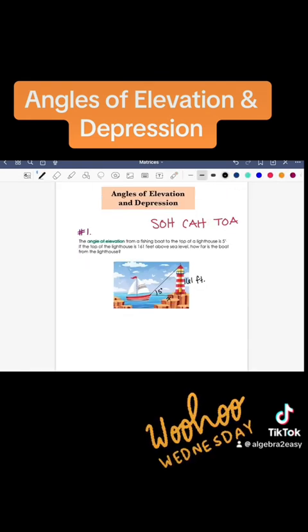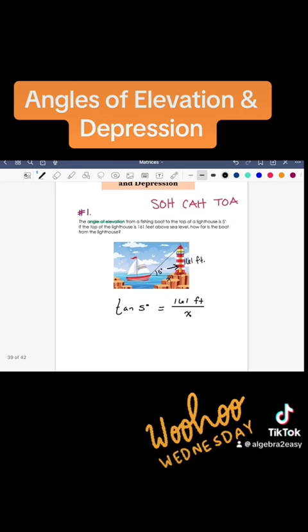Now that we know it's a tangent function, we can solve the problem. Tangent of 5 degrees is equal to opposite, so 161 feet, because remember, that is opposite to our angle, divided by our adjacent side length, which is x.